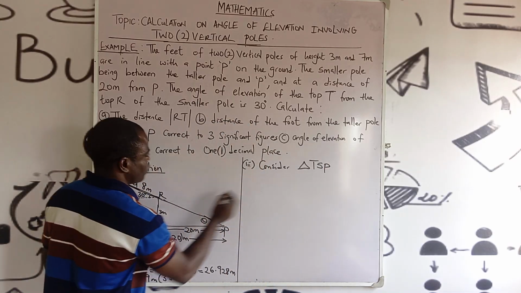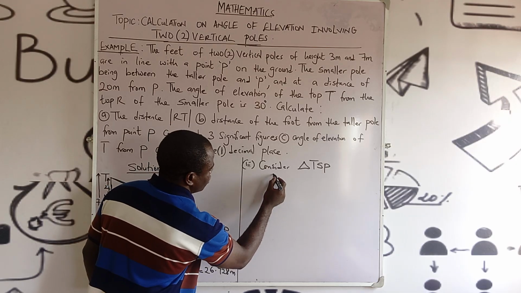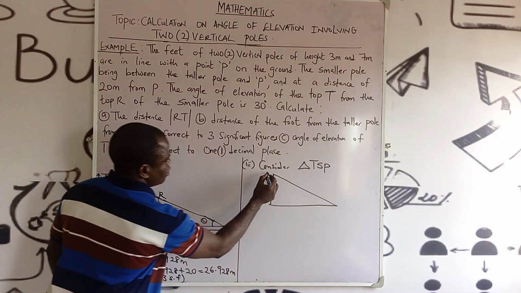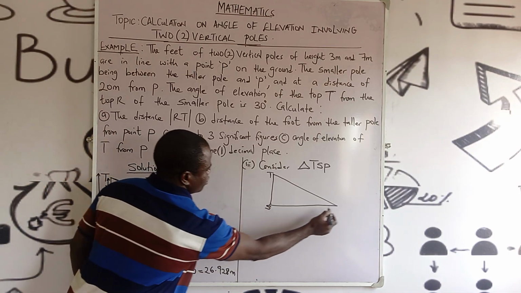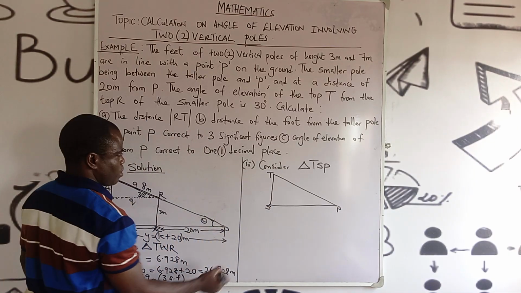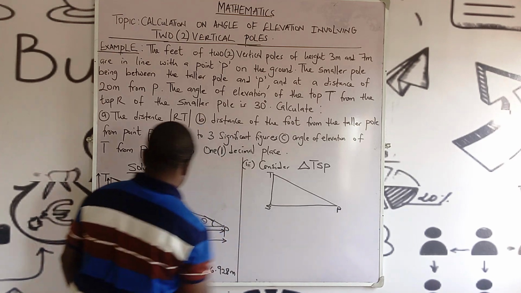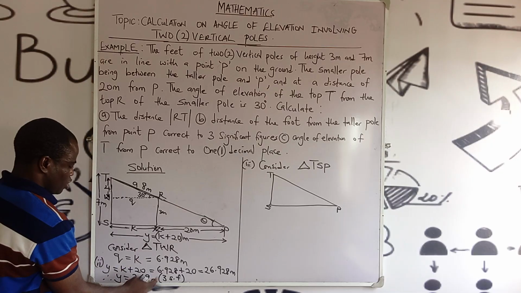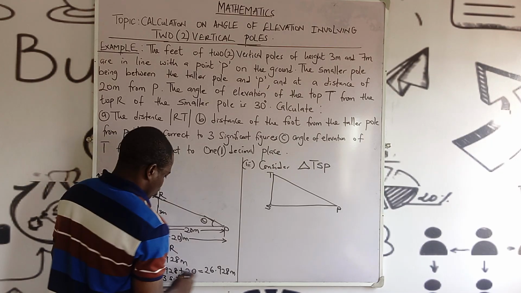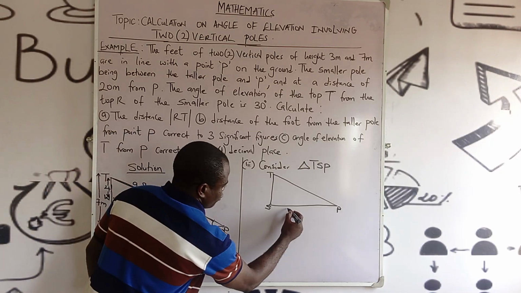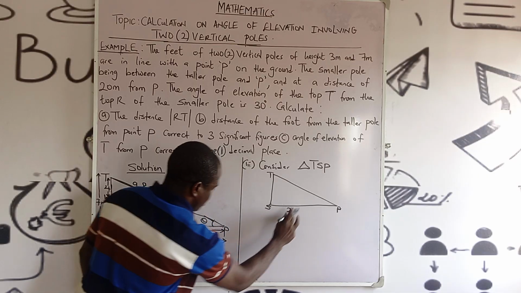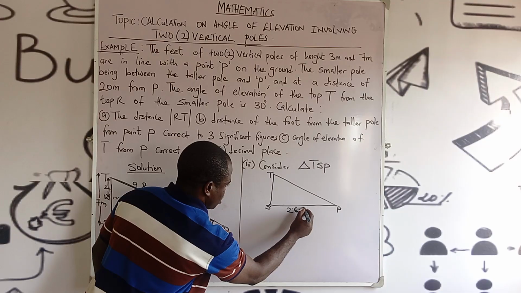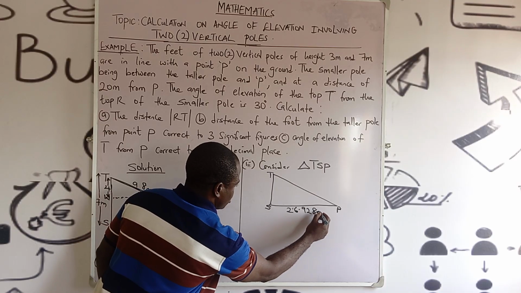Let's see how the triangle looks like. This is our T, S, P. Distance from S to P is, you write the real number, don't write the approximated figure, 26.928 meters.